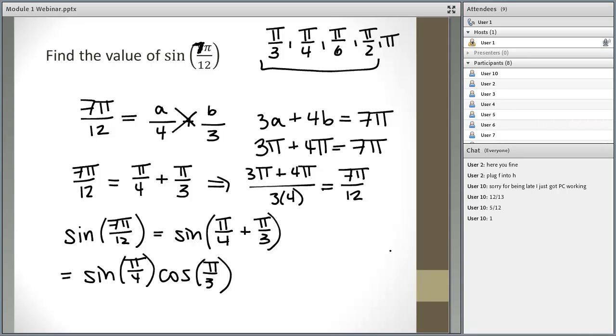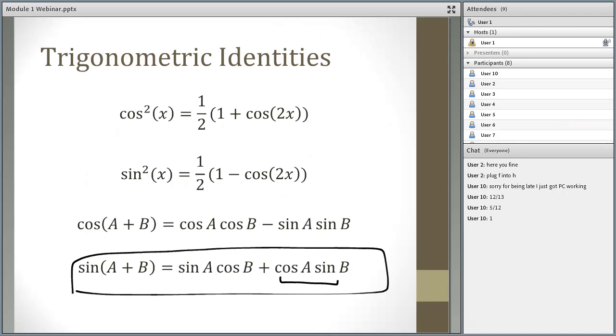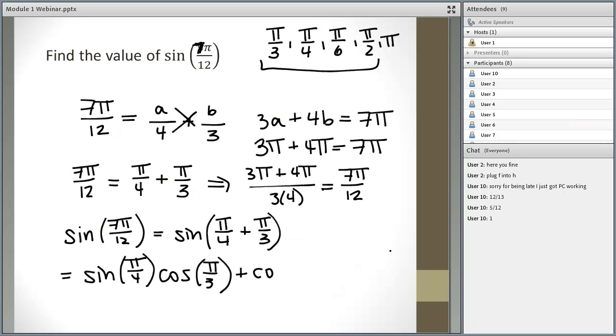That's the first part of the identity. And then I have plus cosine a sine b, so cosine of pi over 4 times the sine of pi over 3.